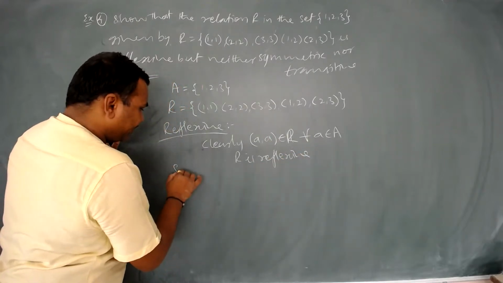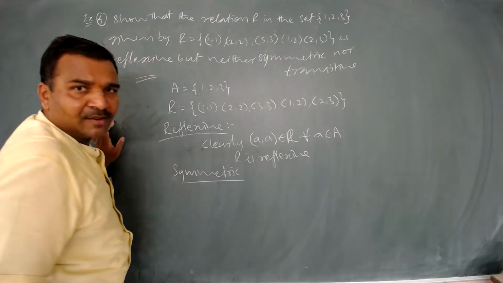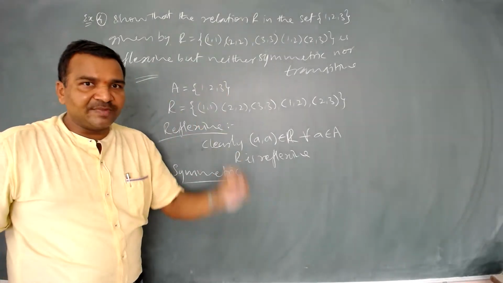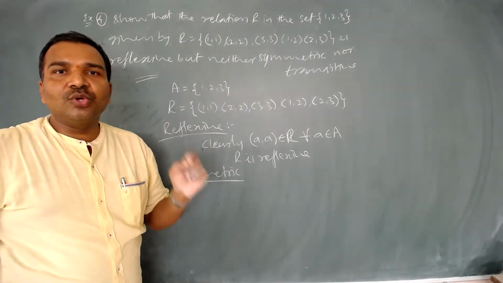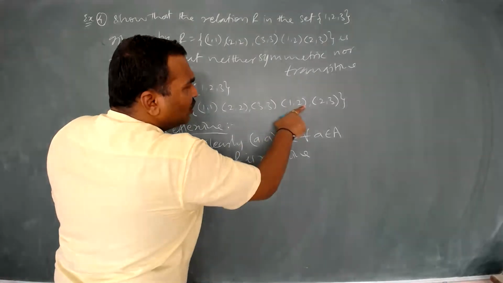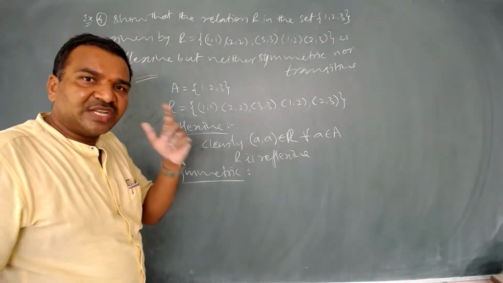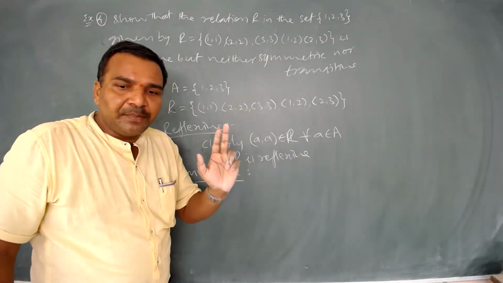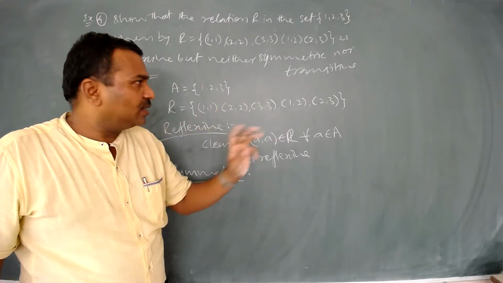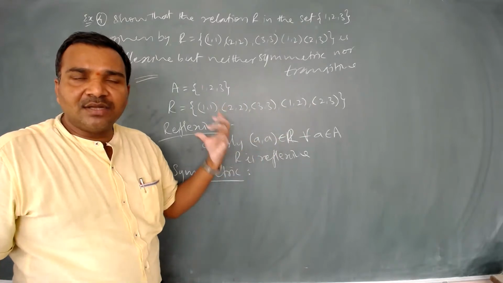Next, go for symmetric. Is it symmetric or not? We have to prove it is not symmetric. Not symmetric means we have to give one example. Check it out. Here (1,2) is there, but (2,1) is not there. What is the symmetric definition? (a, b) belongs to R implies (b, a) belongs to R. But here (1,2) is there, (2,1) is not there. Therefore, it is not symmetric.